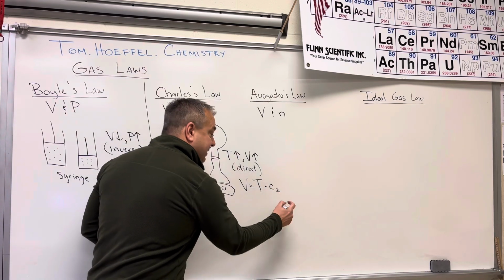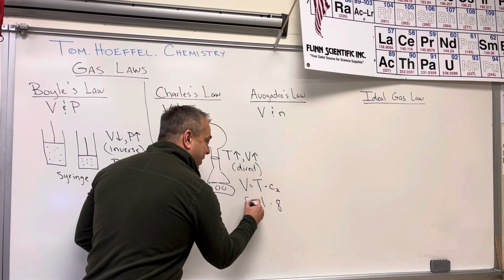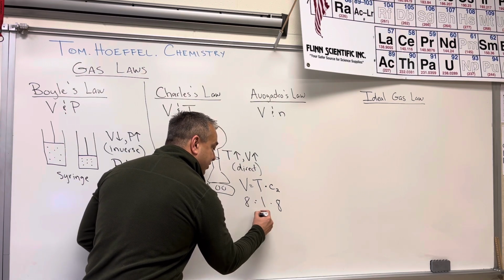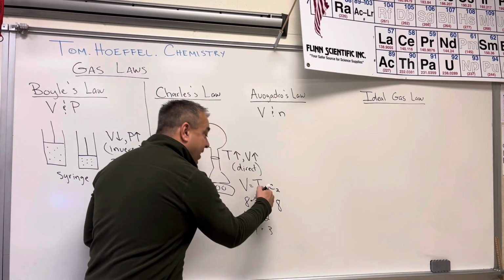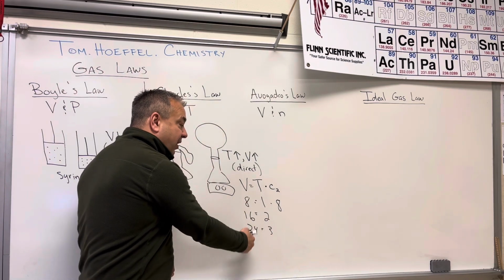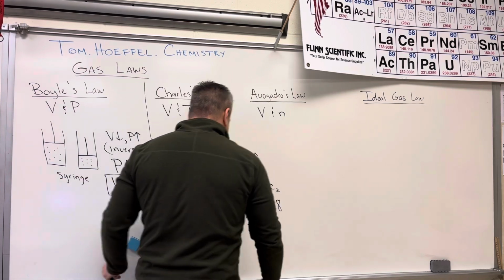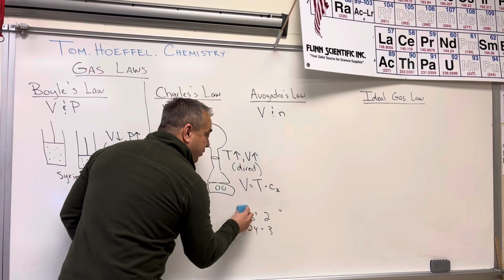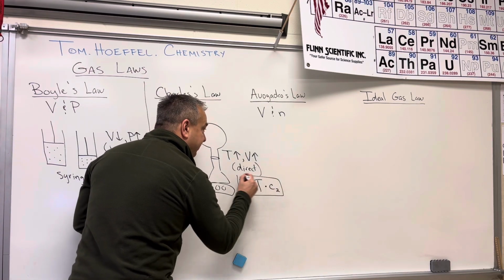So if this constant was 8 like I had last time, if temperature is 1, that would be 8. Temperature is 2, that would be 16. If temperature was 3, it would be 24. As one goes up, the other one goes up as well. So this is a good equation for volume and temperature with Charles's law.